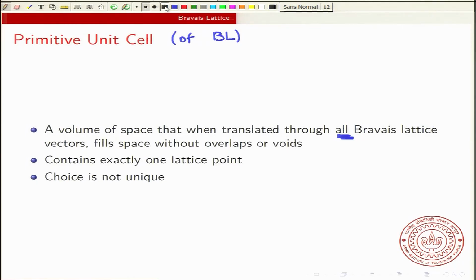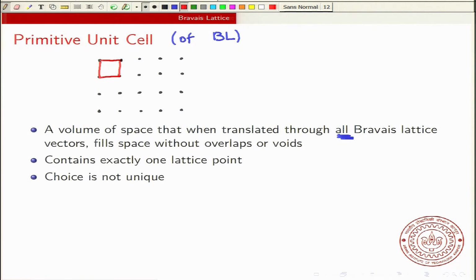Let us look at an example just to get things clear, and let me take the example of a square lattice. Again I am working in 2D just because it is easier to represent on the screen. Imagine that I have a primitive cell. I'll show at least three different ones. So, this can be a primitive cell.